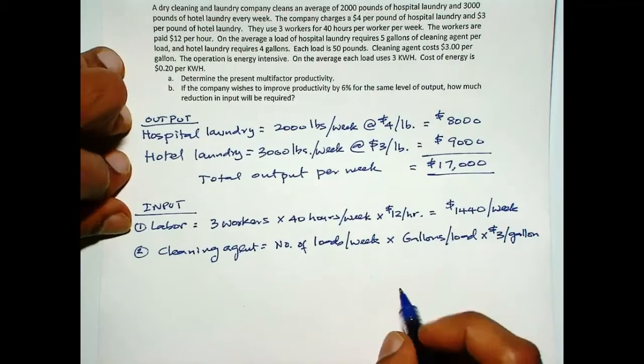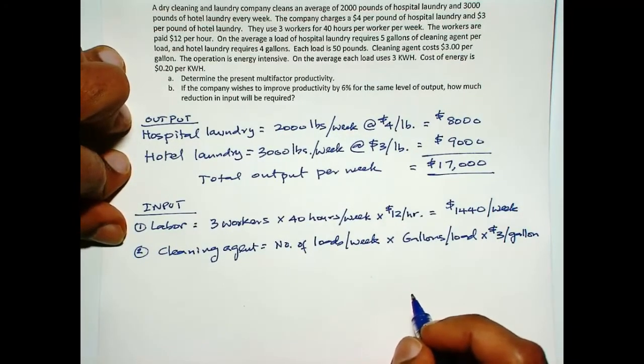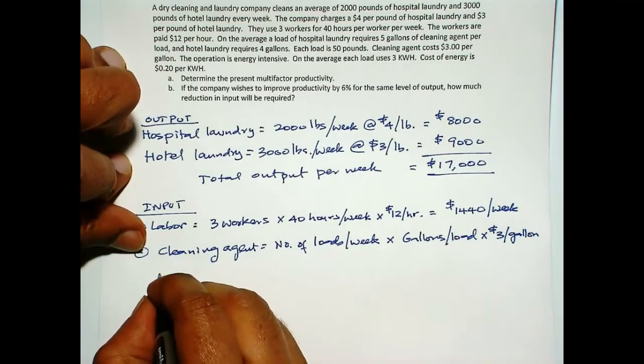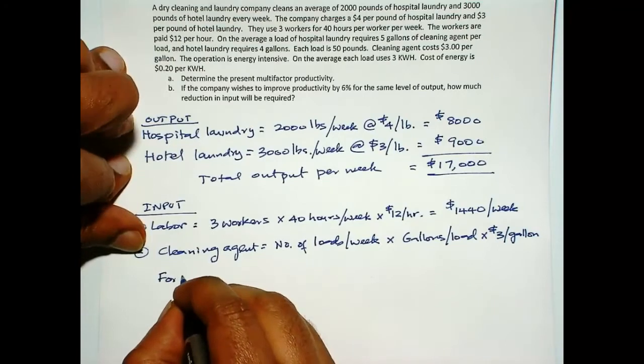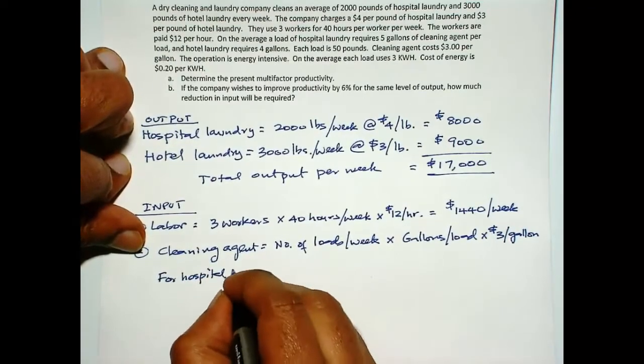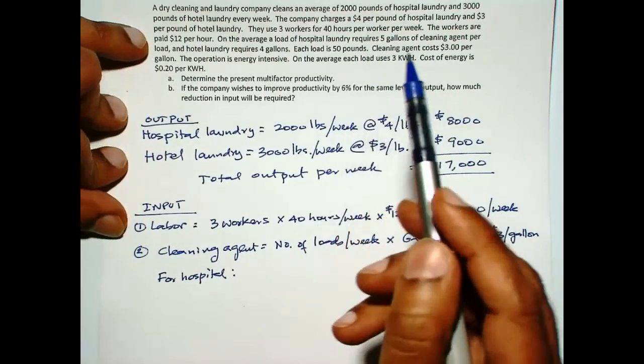So for hospital, the number of loads per week is, we have 2,000 pounds, and each load is 50 pounds.